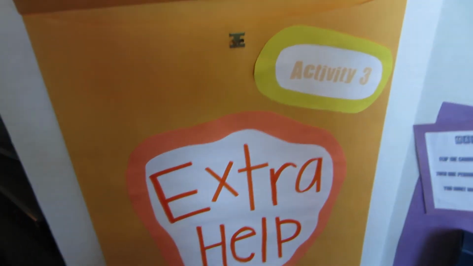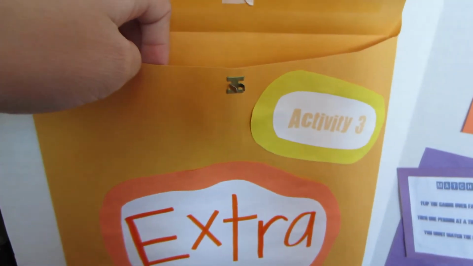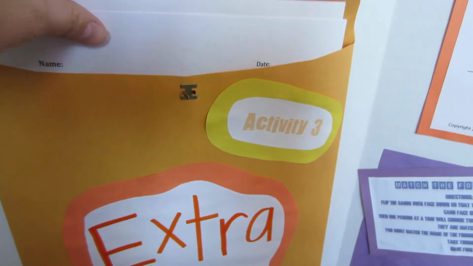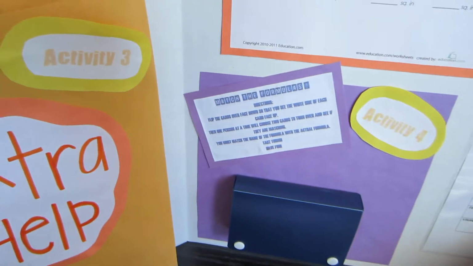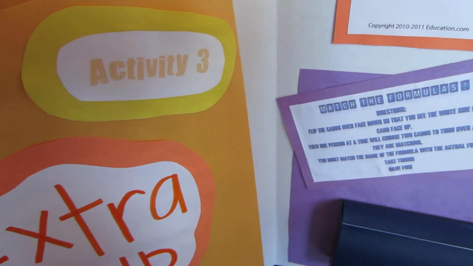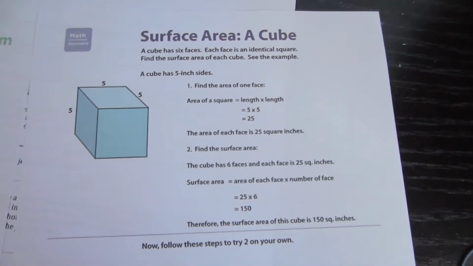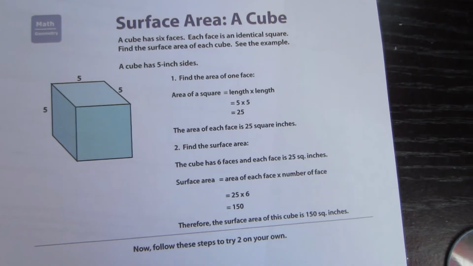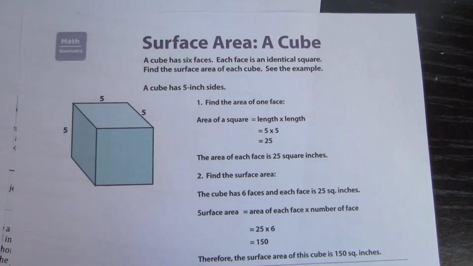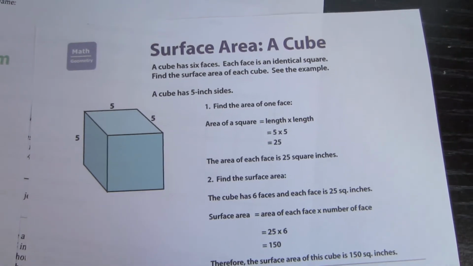So activity 3, these are just extra help worksheets that the student, if they're finished with this learning center, can take back to their desk and get some extra help. So I found these worksheets. They just provide extra help for the student who really just doesn't understand how to solve the surface area, perimeter, or volume.